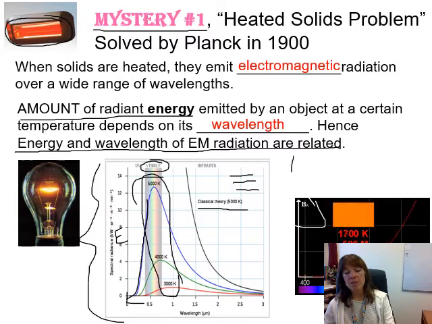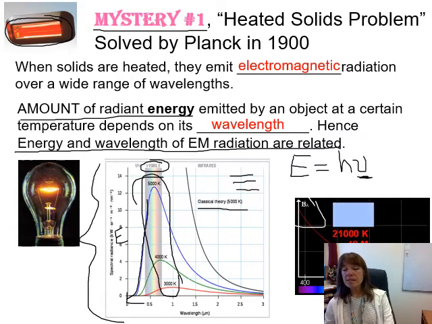Now, there's a much more complex equation that he has for these phenomena, but what we are going to look at is that energy is directly related to the frequency of the light. And as the wavelength becomes shorter and shorter, this frequency becomes higher and higher, then the energy becomes higher and higher. And this h is Planck's constant.